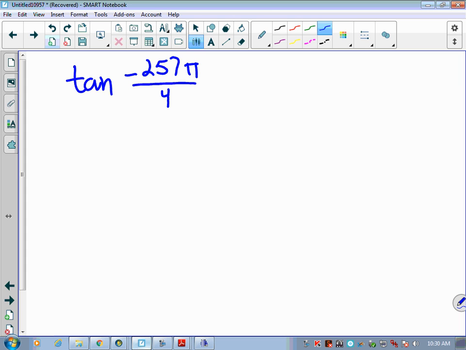So the first thing that I want to do is convert those radians to degrees. What do I substitute in for pi? 180. So I'm taking negative 257 times 180 and dividing it by 4. So I'm going to do that to find my number of degrees. Okay? Now it should be a pretty big number of degrees, right?